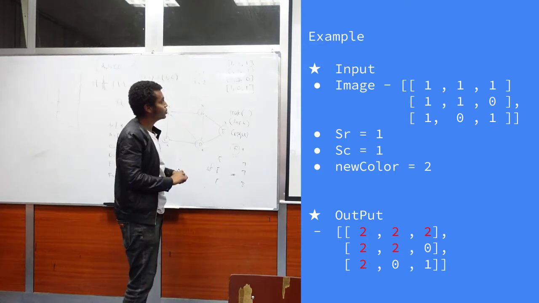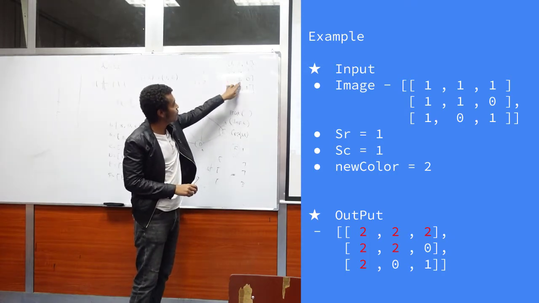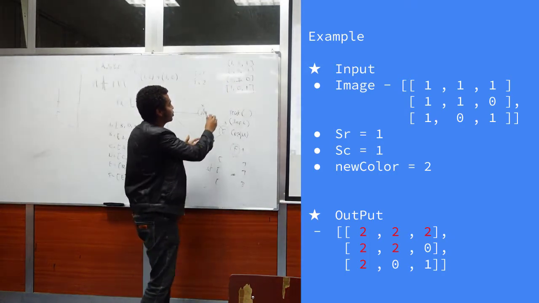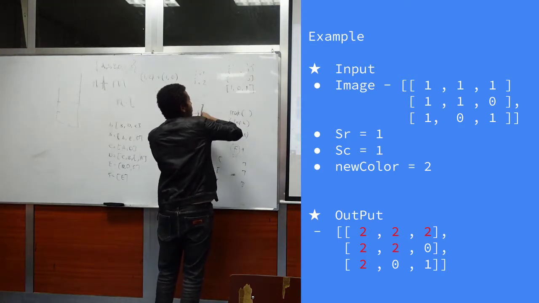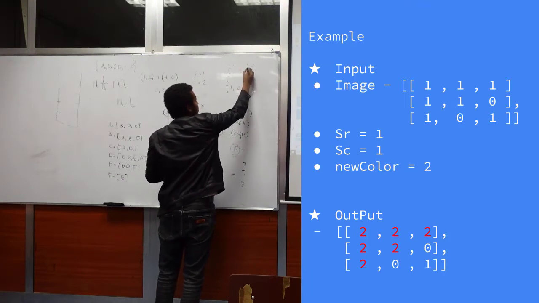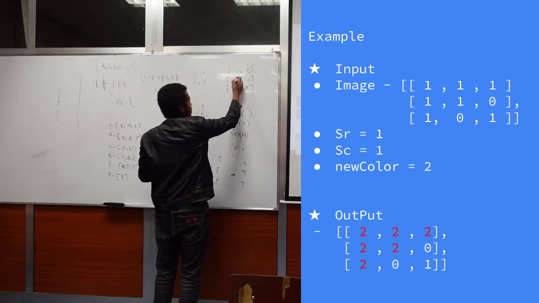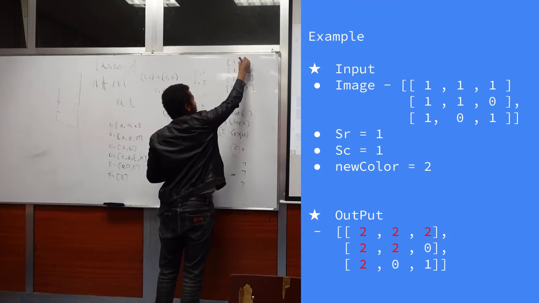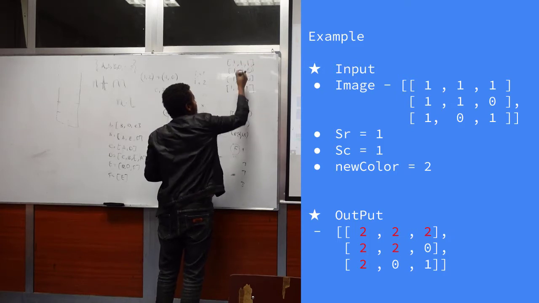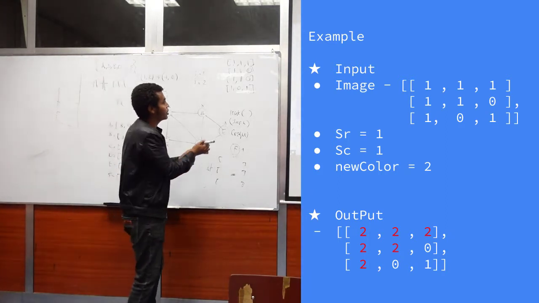So if you see the recurrence relation, there's always a vertex which is a neighbor of this. This was the original grid, and then we're starting here.